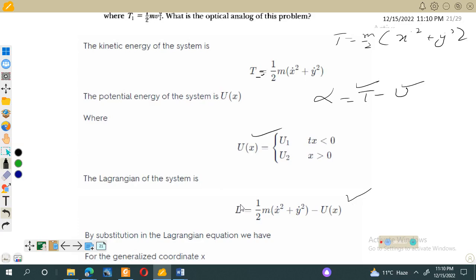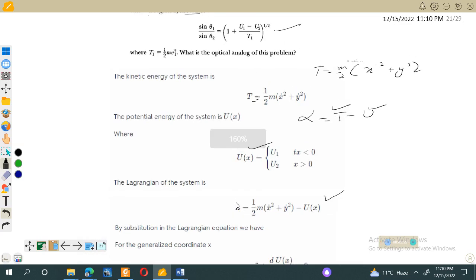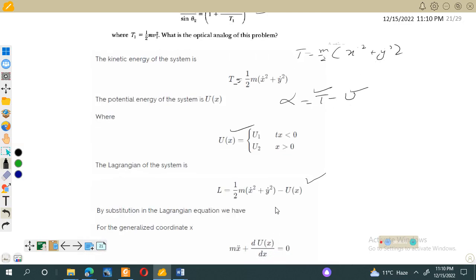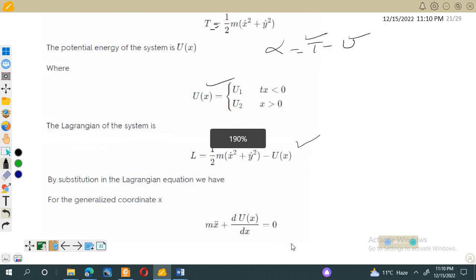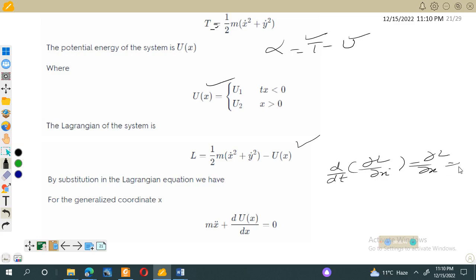If we substitute this into the Lagrange equation, it will give the equations of motion for x and for y. For x, we have the Lagrange equation d over dt of partial L over partial x dot minus partial L over partial x is equal to 0, and for the second, d over dt of partial L over partial y dot minus partial L over partial y is equal to 0.